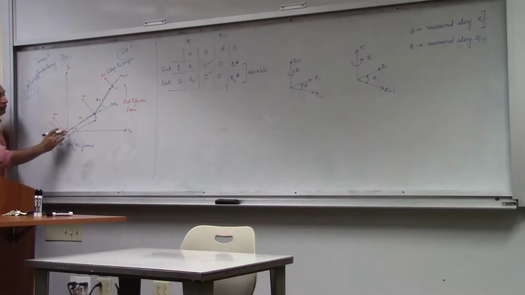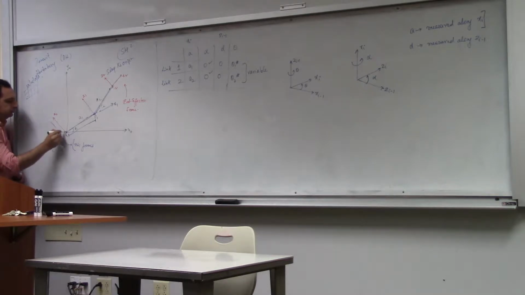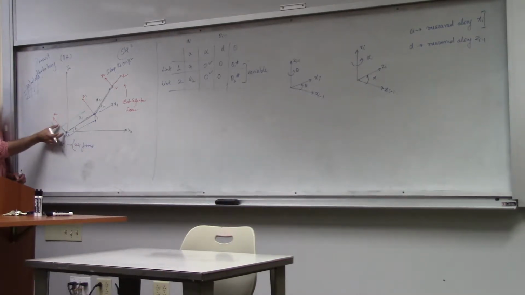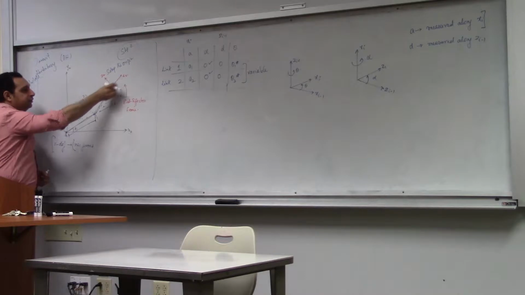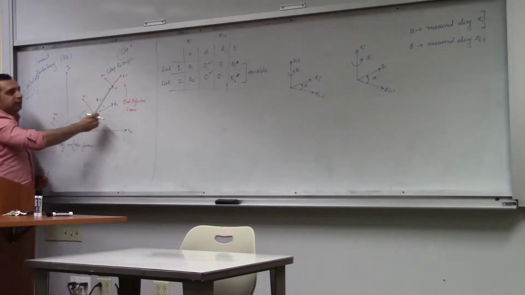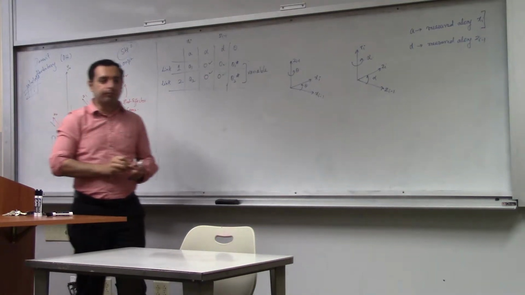If you wanted to have D1 here, the link would be like this, and then you would have a distance here. In this case, it's meeting exactly at the origin. Same thing here, x2 meets exactly at O1. So that's why we have these two as 0, 0. Is that clear?